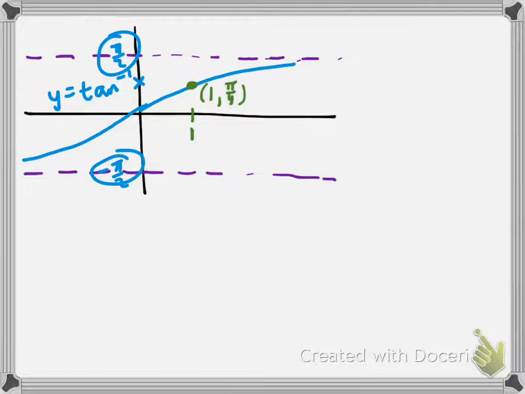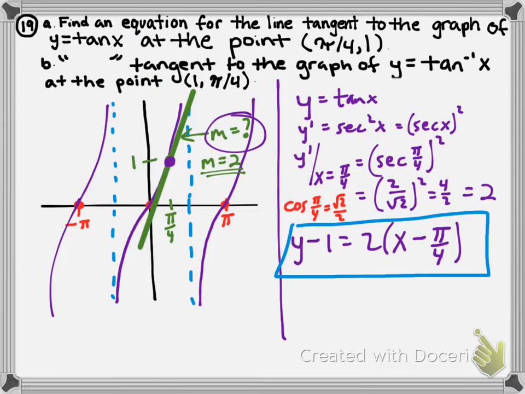Every point on the tangent has a corresponding point on the inverse tangent. In other words, see this point right here that has coordinates (pi over 4, 1)? I'll show you the shortcut way if you can really understand it. It takes more understanding, but it's a lot less work.